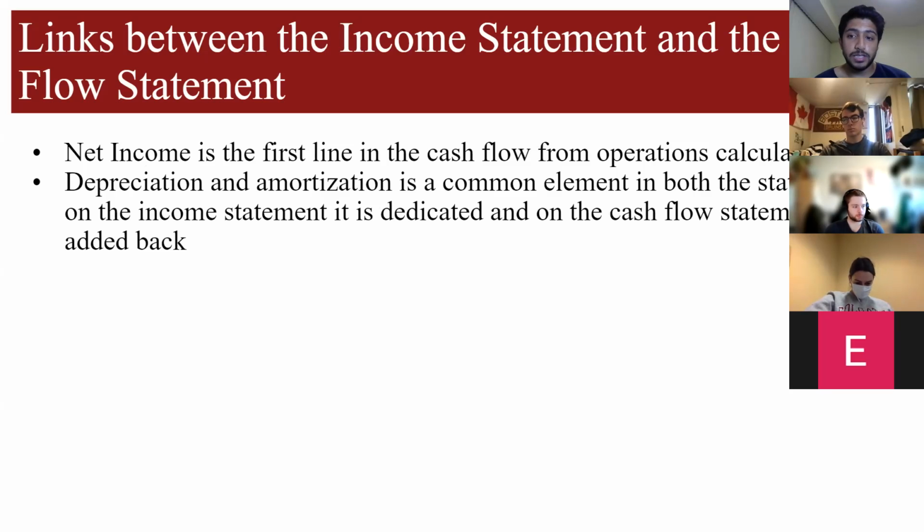Depreciation and amortization is a common element in both statements, but this should be deducted, not dedicated, I'm sorry for that typo. It is deducted on the income statement because it is an expense, but because it is a non-cash expense, we add that back on the cash flow statement. So that's pretty much how the three financial statements are linked.